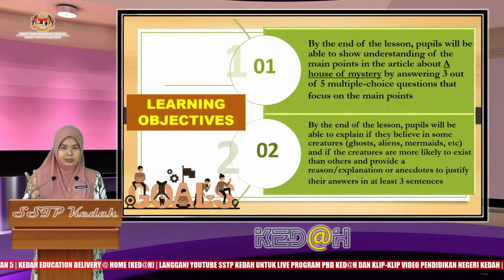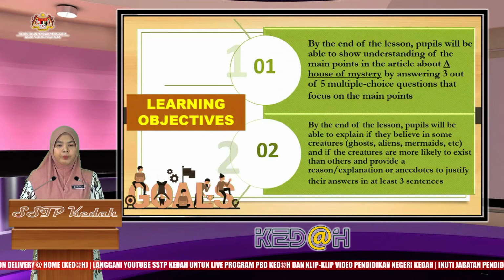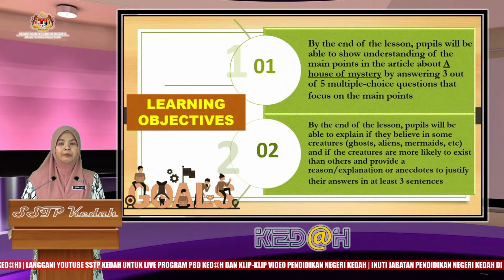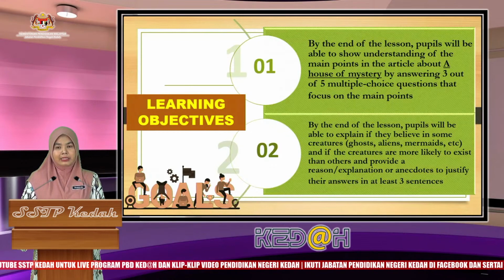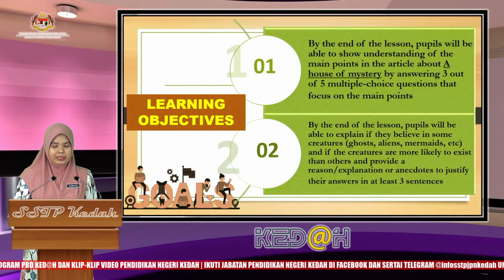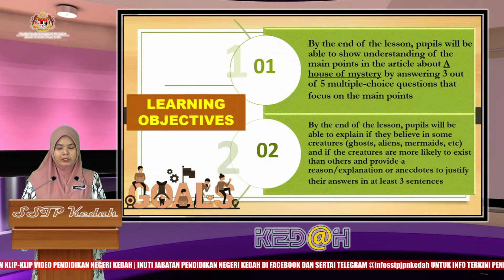Second objective. By the end of the lesson, pupils will be able to explain if they believe in some creatures, for example, ghosts, aliens, mermaids, and so on, and if the creatures are more likely to exist than others, and they have to provide a reason, explanation, or anecdotes to justify their answers in at least 3 sentences.